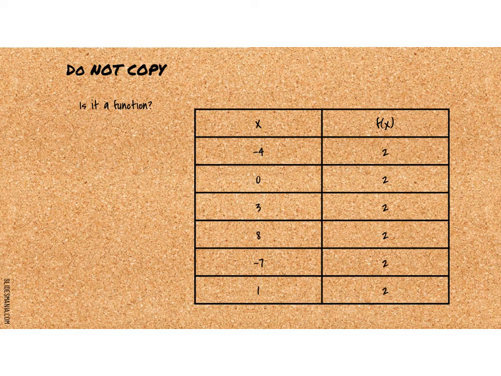Last example. Okay. So right here we have a table. Like I told you guys, I like tables. I always write everything as a table. I don't necessarily put them in order from least to greatest, but I write it as a table. And in order for it to be a function, none of the x values should repeat.